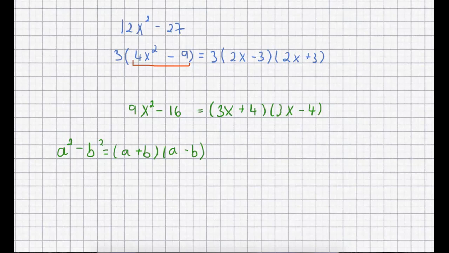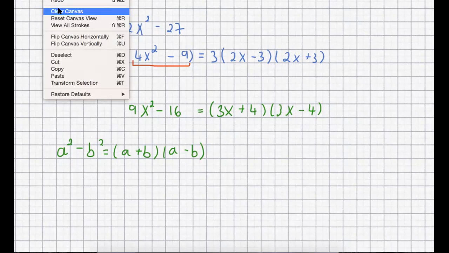So then we ask ourselves, how do you get from 3 times what equals 12? So 3 פתח סוגריים is 4x בשנייה. And then minus 3 times what equals 27 is 9. Okay. And the rest is the same. So I think let's go to the other one.